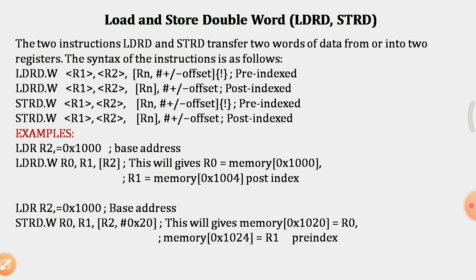So now the R0 register will have the value from memory 1000, 1001, 1002, 1003, and R1 will have the data from memory 1004, 5, 6, 7, and then R2 is going to be updated to 1008. So it's a post-index.